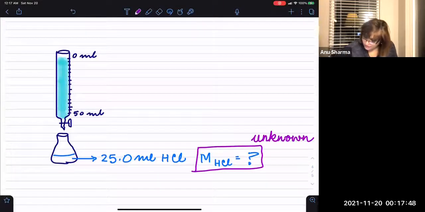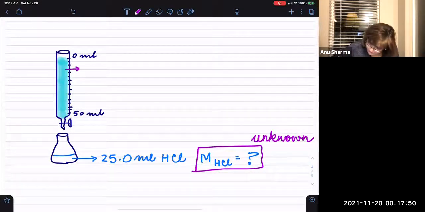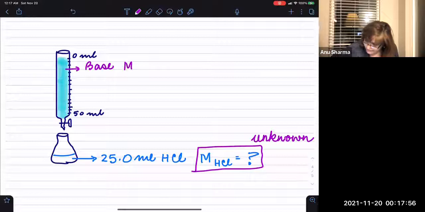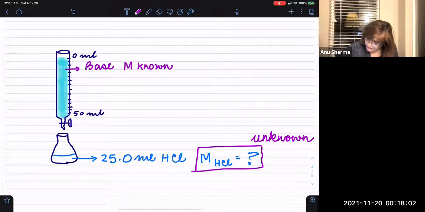Here on the top, we put the base. So the base molarity is known. The molarity of the base is known always. Or, not always, one of the molarities will be known, but mostly it is the base here. So we are using NaOH.